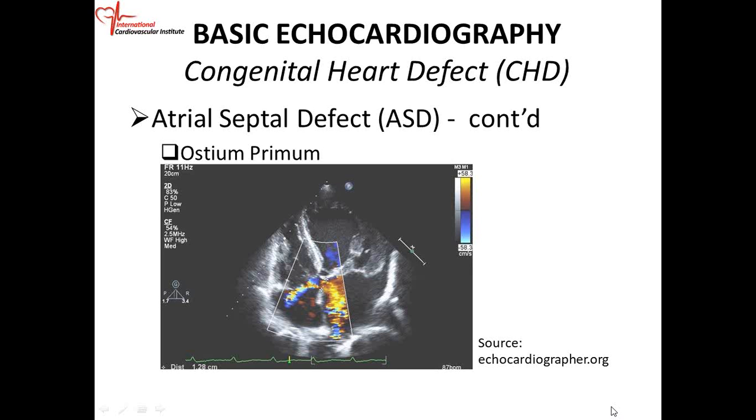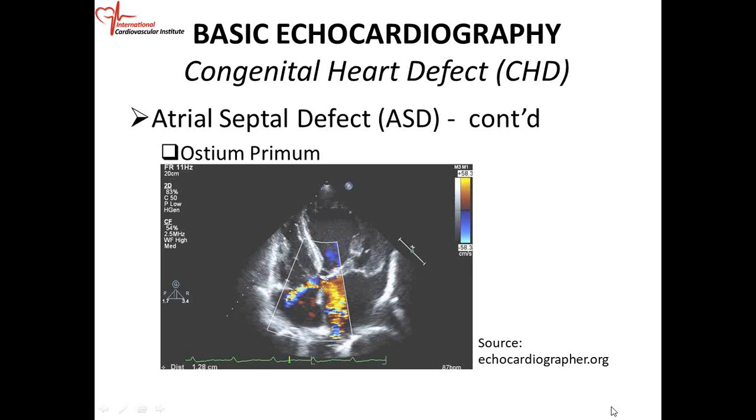We're going to look at the echo identification of these congenital heart defects using two-dimensional images, color flow, continuous wave Doppler, and then look at the more common signs and symptoms that these patients present with, and then how to finally make the diagnosis. So we're going to attempt to do that.